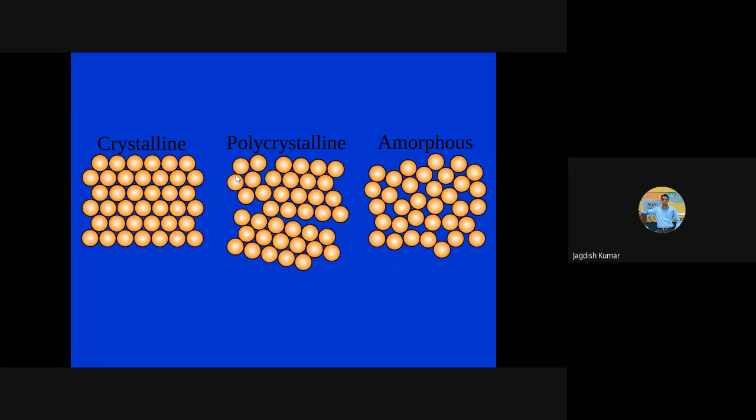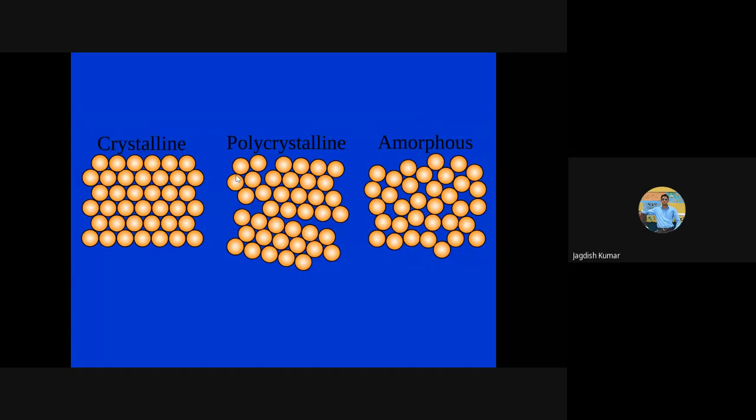Still, 10 to the power 3 means 1000 unit cells are repeating without any defect, and then some dislocations or orientational defects come in. That is okay; 10 raised to the power 4 is a fairly good number of unit cells. That is why we can term them polycrystalline material.